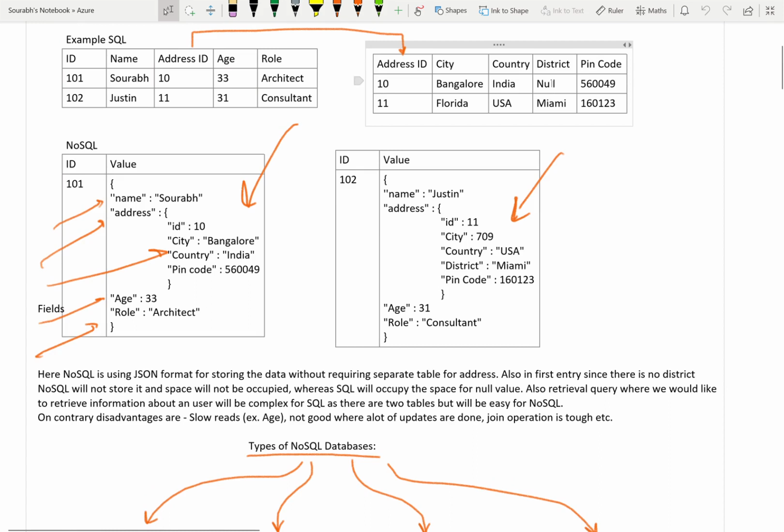But still in SQL, whether you have the data or you don't, you still have to store it as a null value. The same doesn't go for NoSQL. If you see NoSQL here, I didn't have any district. That was fine with this particular record, but for this record I had a district, so I was able to include that. So if you do not have a value, it is not stored in NoSQL, but in SQL it has to be stored as a null value.